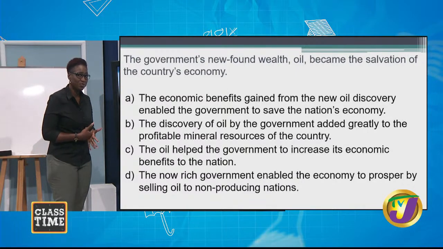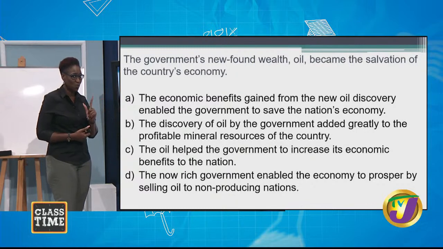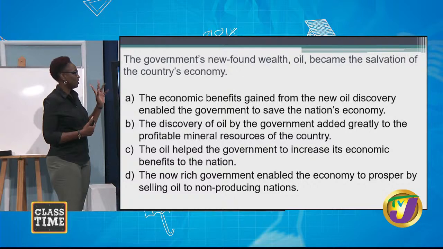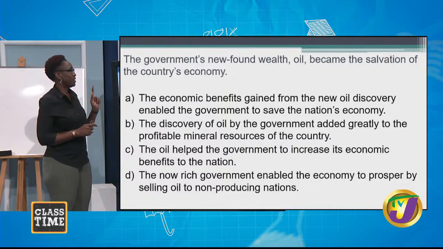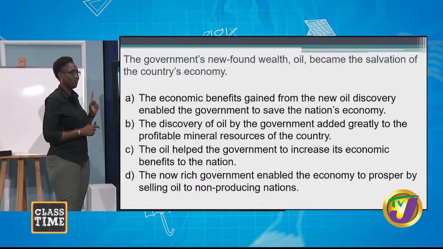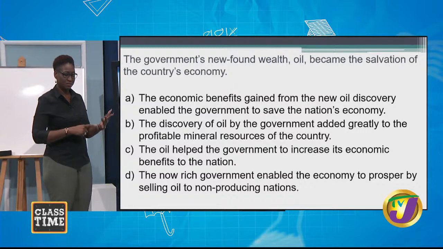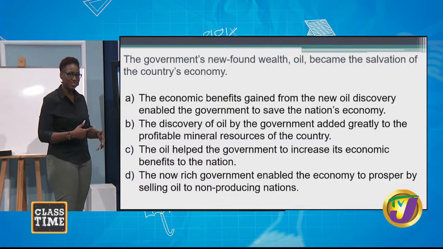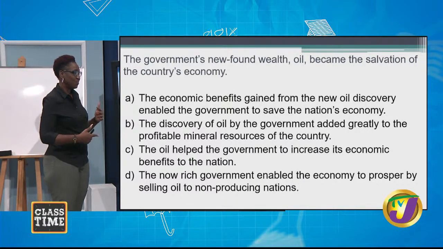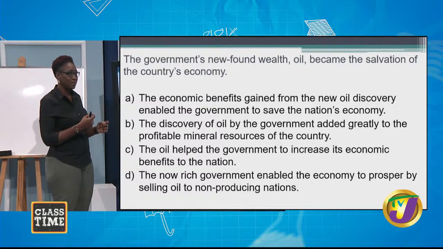So we have 4 options, but which of those 4 means nearest the same thing as the government's newfound wealth, oil, became the salvation of the country's economy? So which one of them tells you that oil is the new way that the government is going to boost the economy, and not just boost it, but save it? So be very careful which of those appeals to you.